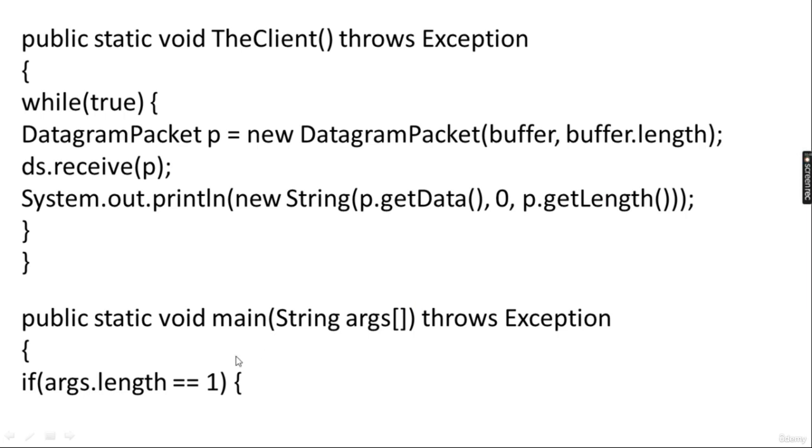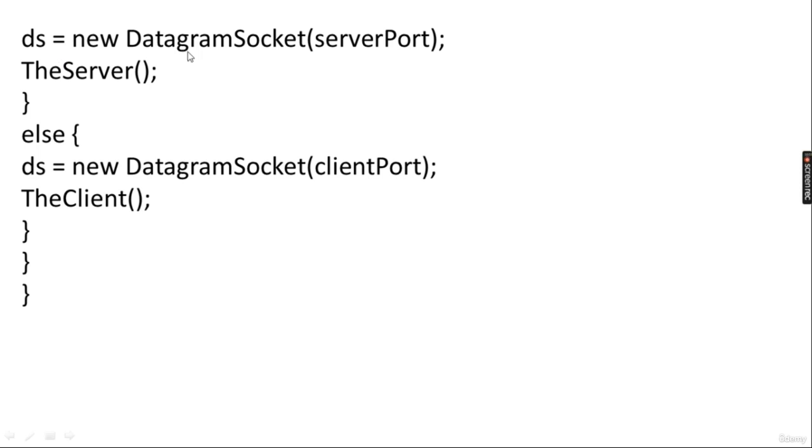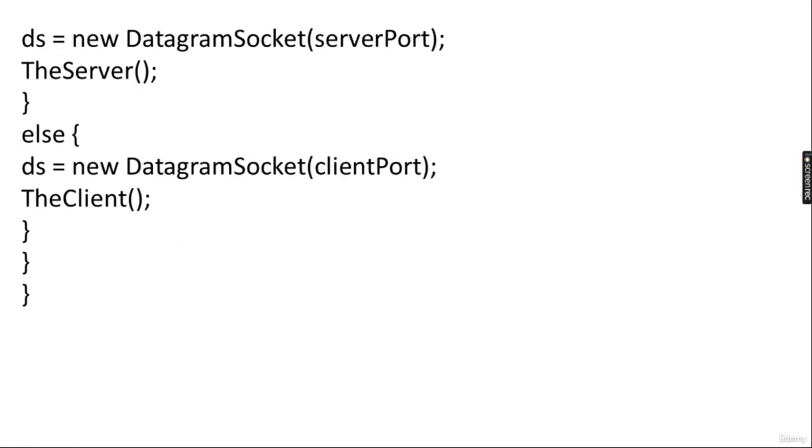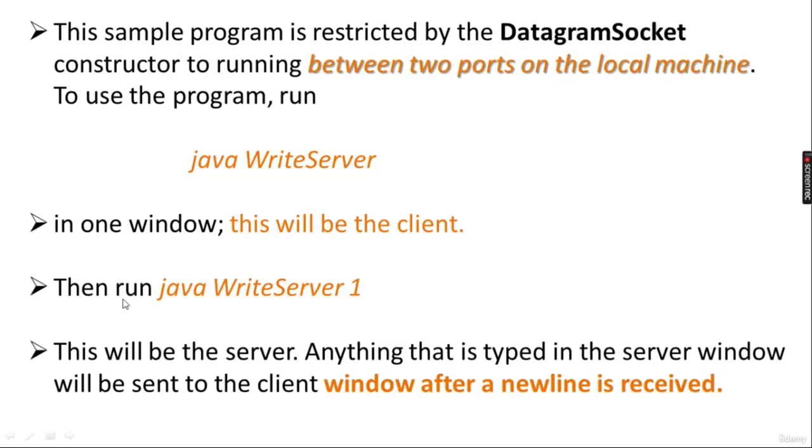Then public static void main: if args.length is equal to 1, then a new DatagramSocket object is created, and serverPort is put over here as a parameter in the DatagramSocket object, and server is called; otherwise new DatagramSocket with the client port, and client is called. args.length means that if you are sending anything as a first argument, then the server object will be created, otherwise the client object is created. So first communication will be started with the server, otherwise with the client.